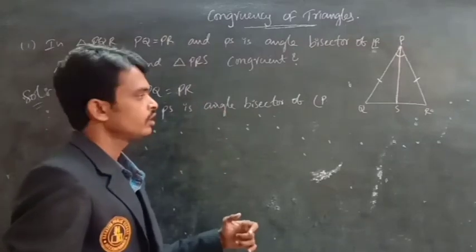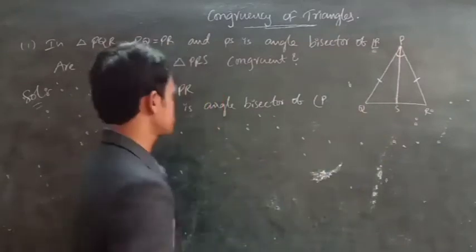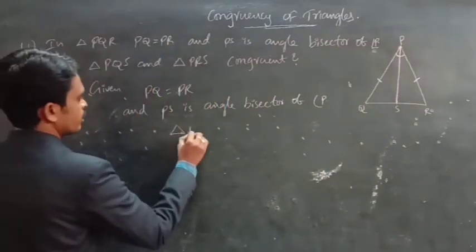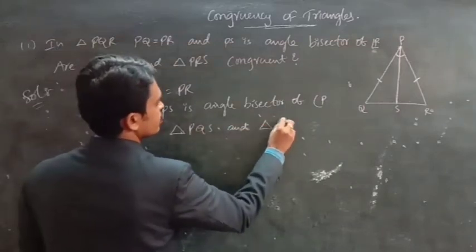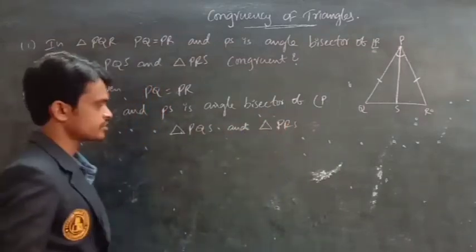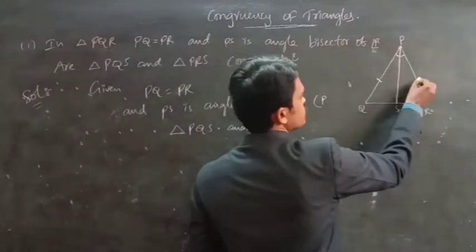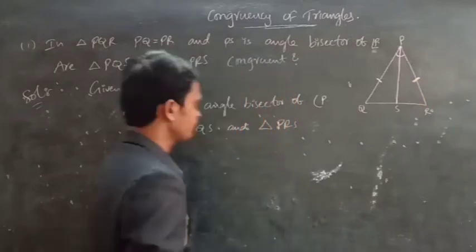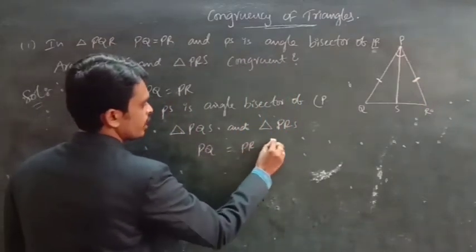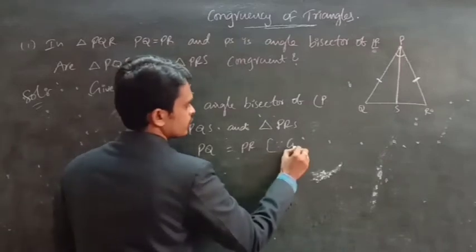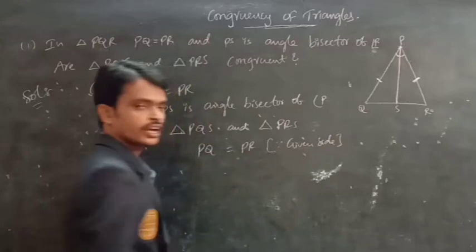We should write the corresponding sides and angles. So, triangle PQS and triangle PRS. In these two triangles, already given PQ is equal to PR, the given side.